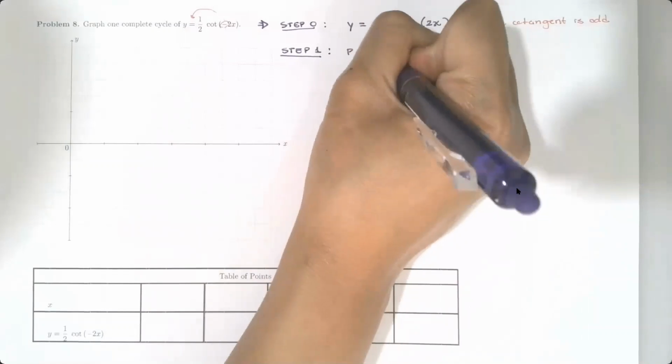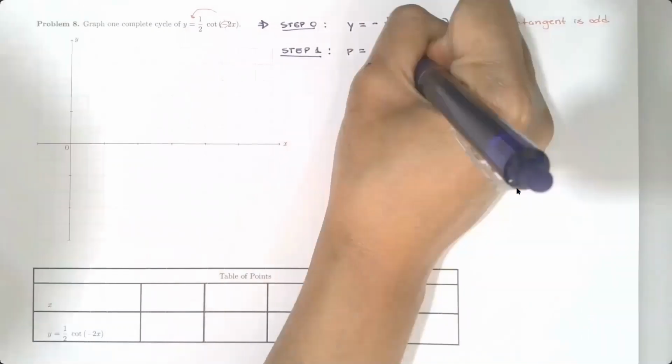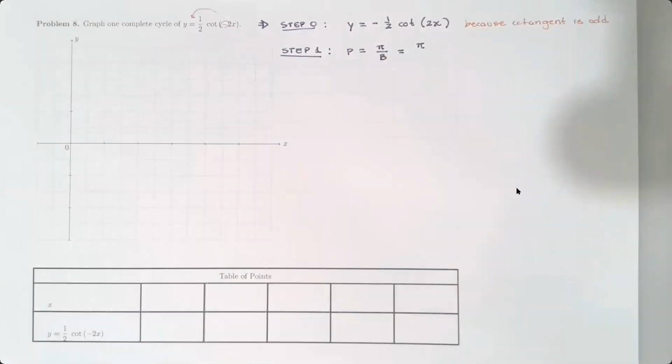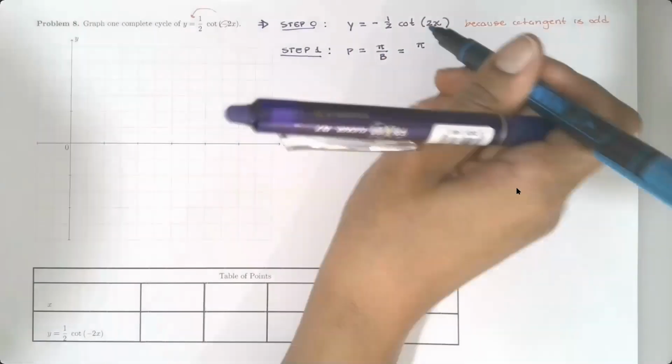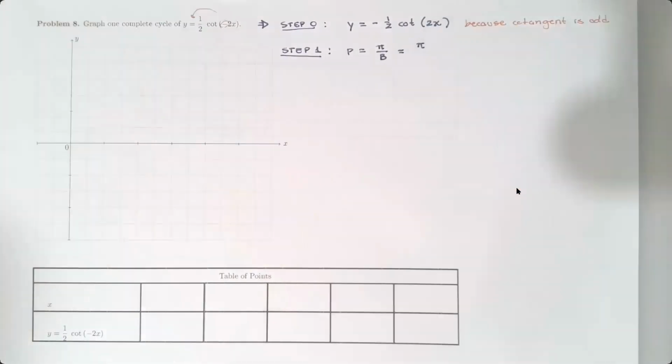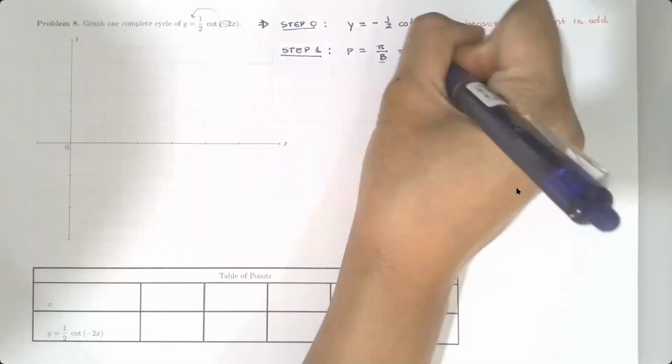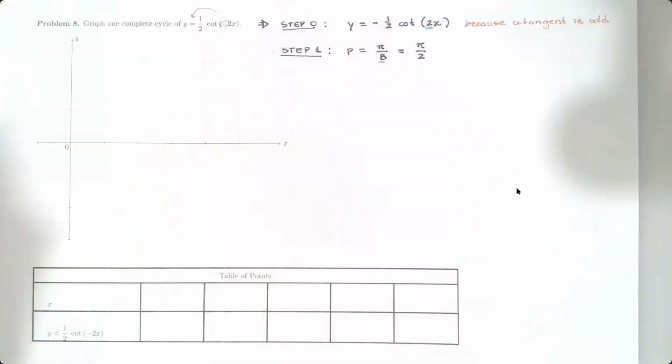Now the b in this problem is 2, so we replace that with 2. That means that the period here is going to be pi over 2.